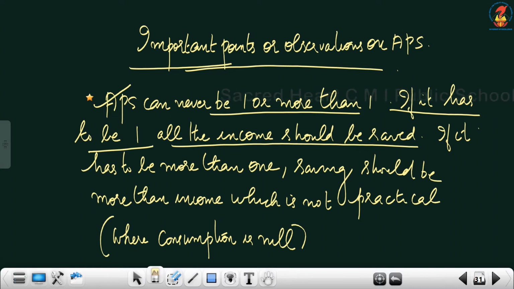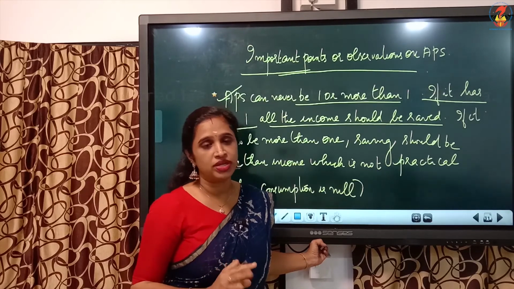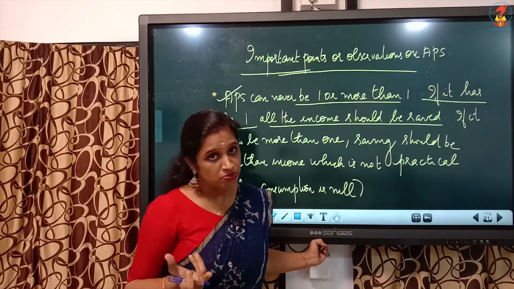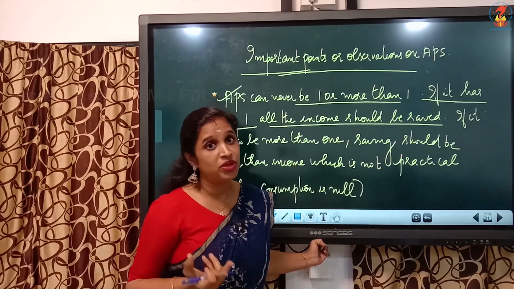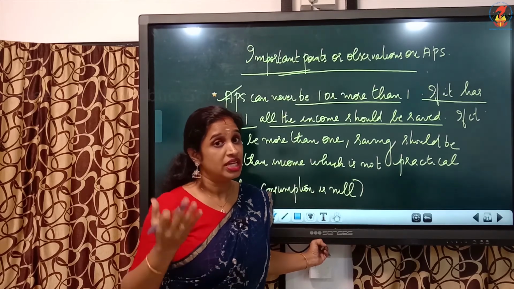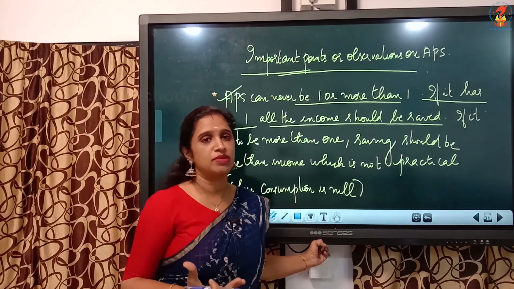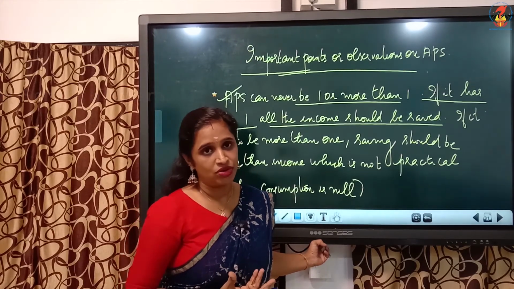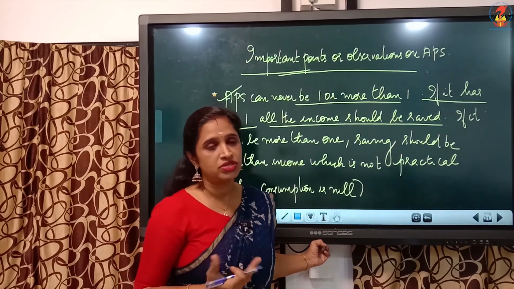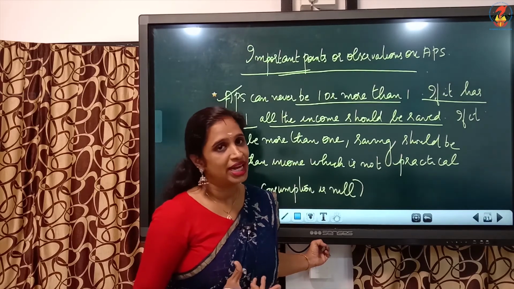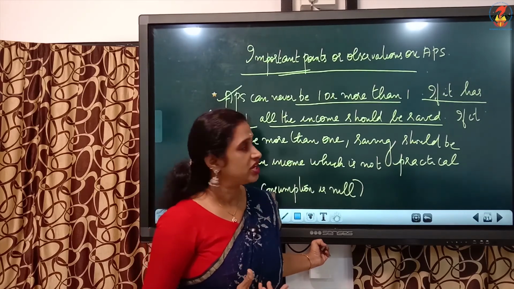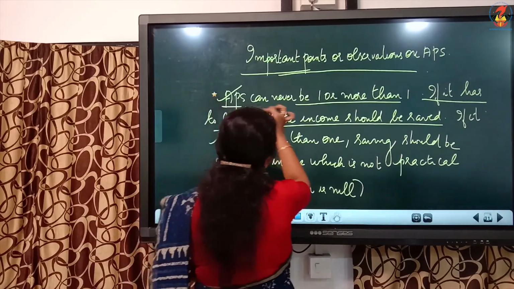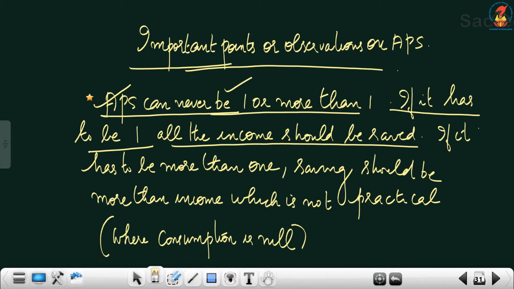If APS has to be one, all the income which we get has to be saved. Is it possible? No. There should be a minimum level of consumption. Even at zero level of income, there is a minimum level of consumption. Therefore, all the income cannot be saved. Only if all the income is saved, APS will become one, and that is not a practical situation. So APS can never be one is hence proved.